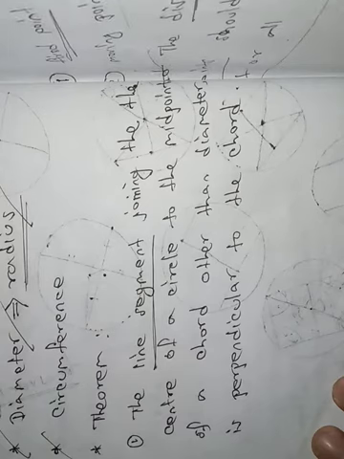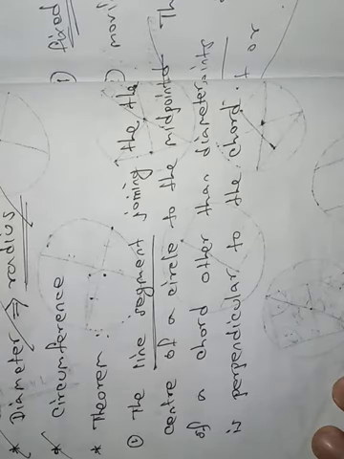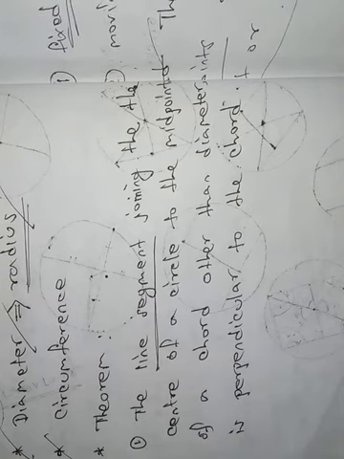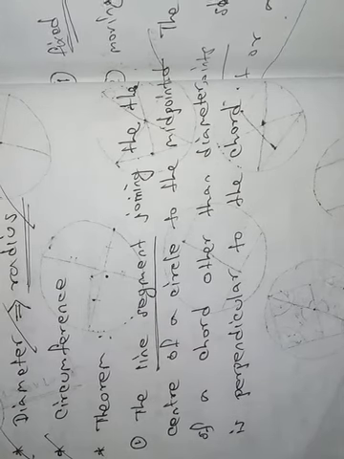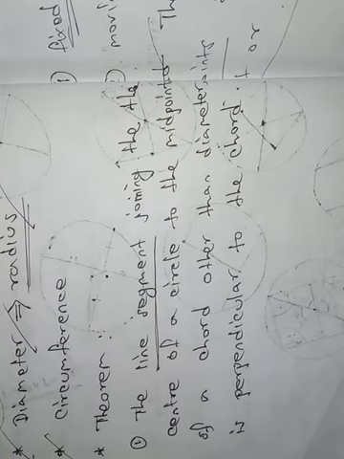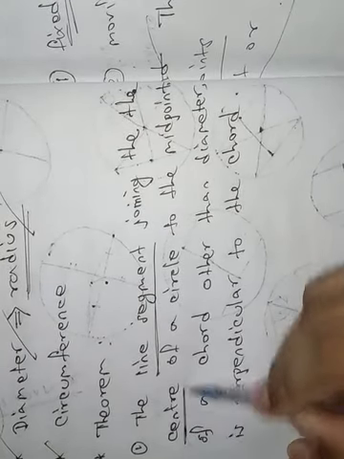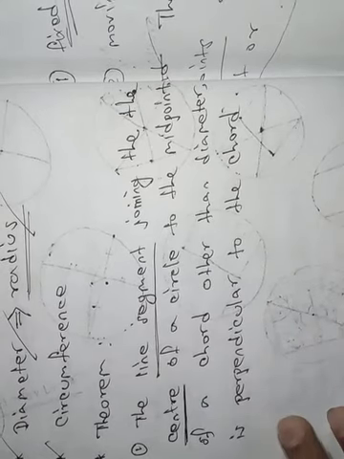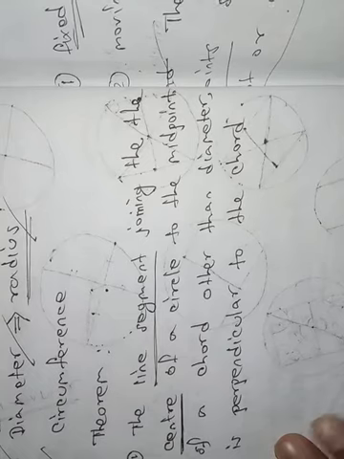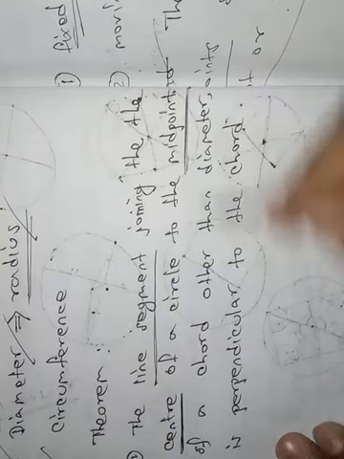To find the line segment, we have to join 2 points, but we can't join any 2 points. The theorem has fixed the 2 points: one is the center of the circle and another point is the midpoint of a chord.